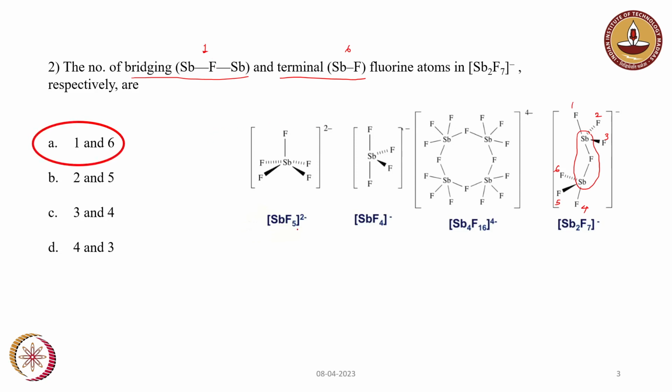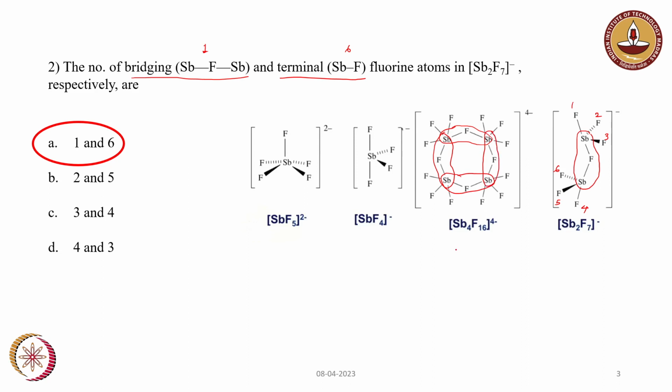So in SbF5 and SbF4 there are no bridging fluorines present because only one antimony is present. In Sb4F16 4 minus there are 4 Sb-F-Sb bridges present: one, this is the second one, this third one, and fourth.